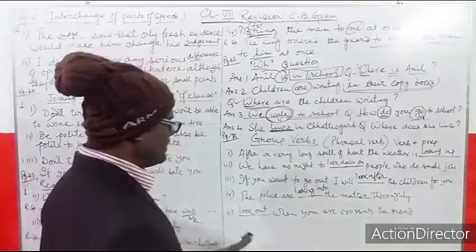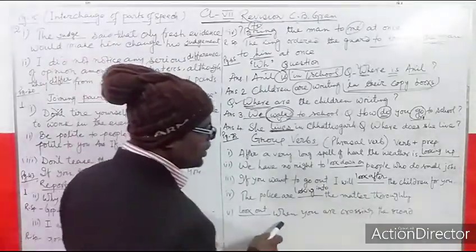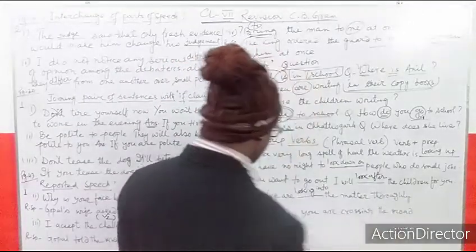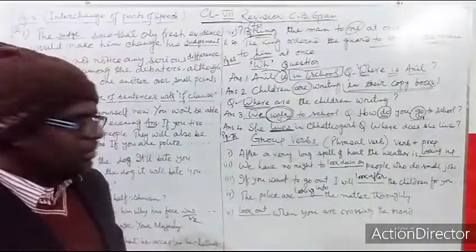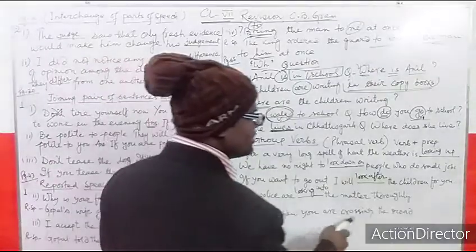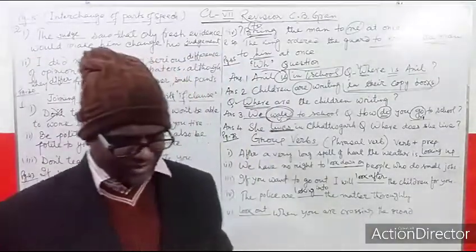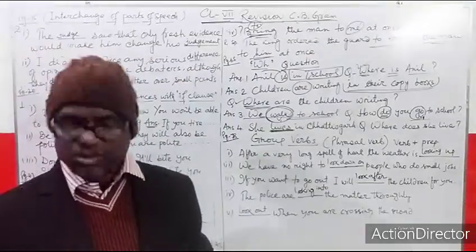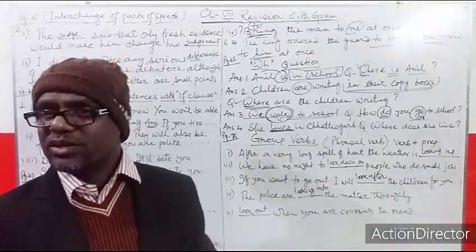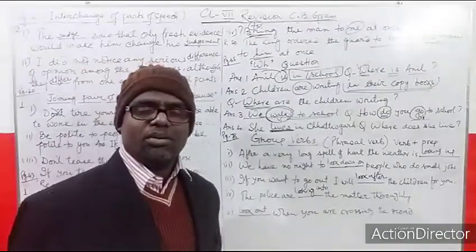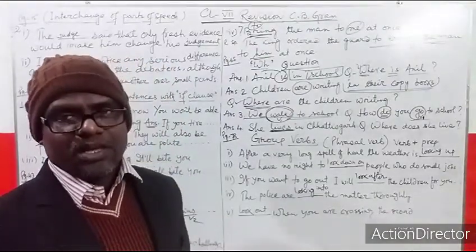Okay, so these group verbs are used like verbs, but you need to know the different meaning. Okay, and the last one, look out when you are crossing the road. When you cross the road, you become very much careful.